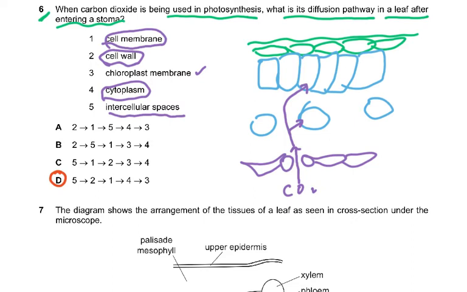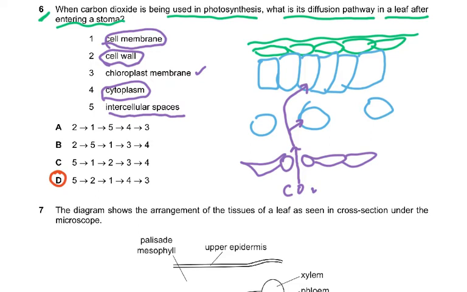So first of all, the intercellular spaces, then the cell wall, then the cell membrane, then the cytoplasm, and then it would enter the chloroplast because that is where the pigment is present inside the chloroplast where photosynthesis is taking place. So please understand how this is the pathway.